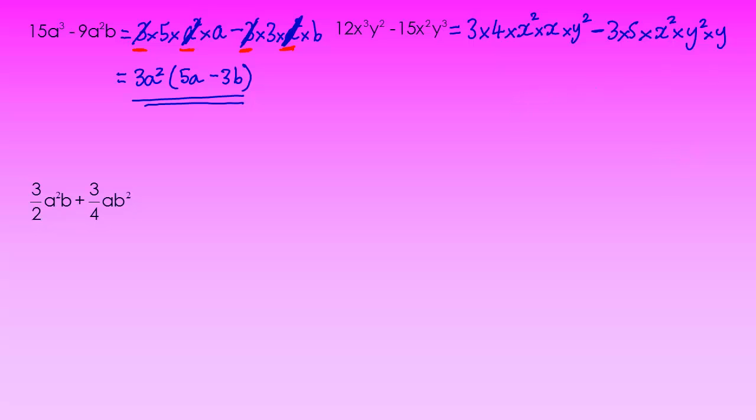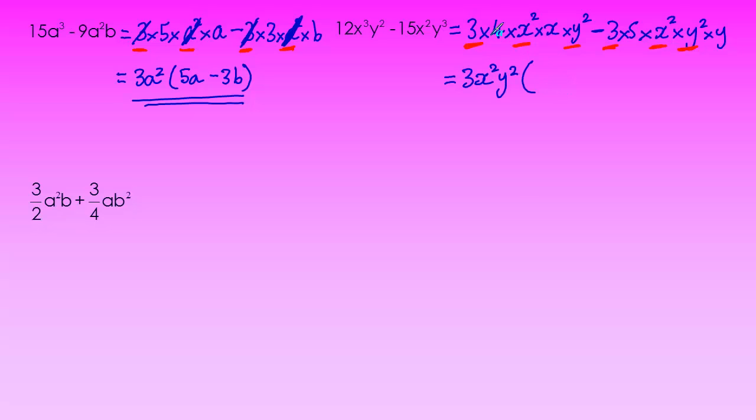Now, let's look for what's in both terms. We can see there's a 3. We can see there's an x squared. We can see there's a y squared. So in front of the bracket, I'm going to put 3 x squared y squared.